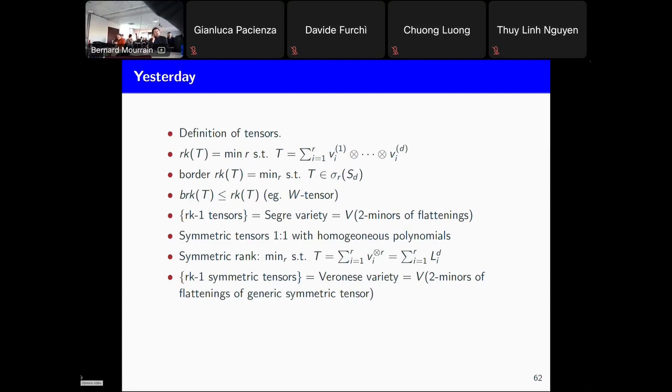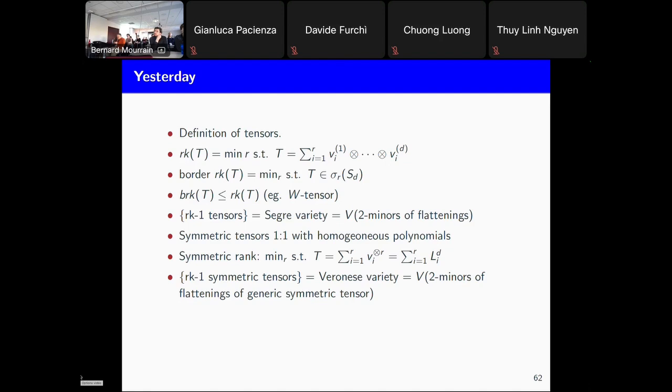The symmetric rank has almost the same definition of rank, except that instead of just a sum of R rank one tensors, you also impose that these rank one tensors have to be symmetric. And at the state of the art, we still don't know if these two numbers are the same. For sure, you need fewer tensors of rank 1 if you don't impose the condition of being symmetric. So one inequality is easy, the other inequality is still an open question.